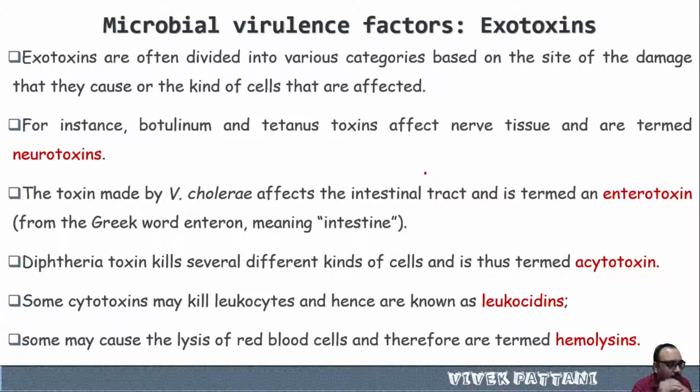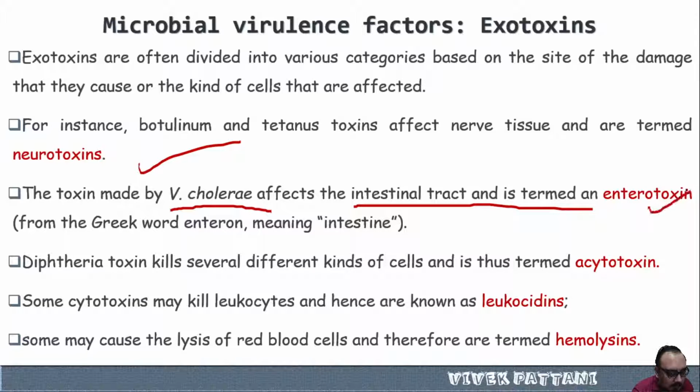For instance, botulinum and the tetanus toxin affect the nerve tissue and are termed neurotoxins. The toxin made by Vibrio cholerae, which affects the intestinal tract, is termed an enterotoxin.